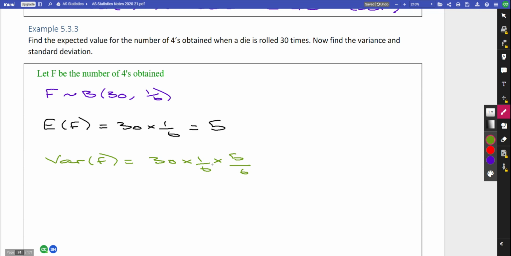Remember, that's just coming from 1 minus 1/6, which is equal to 25/6. And if I am working out the standard deviation, I take that answer and square root it.